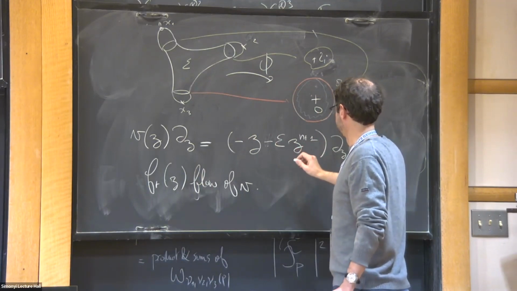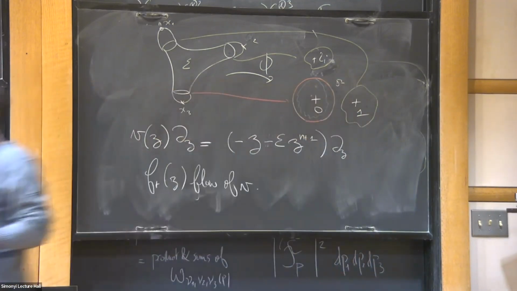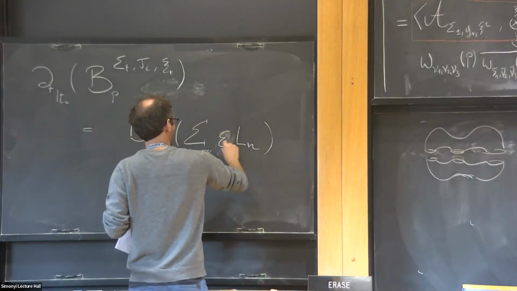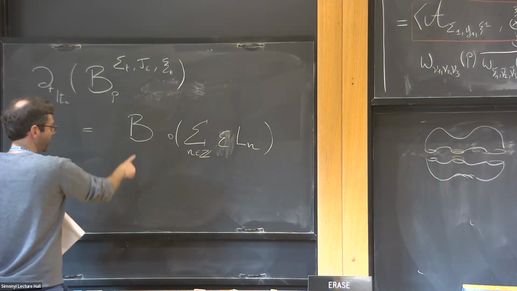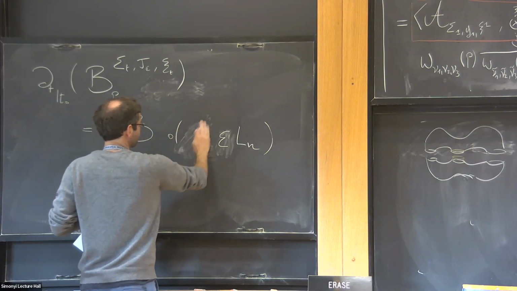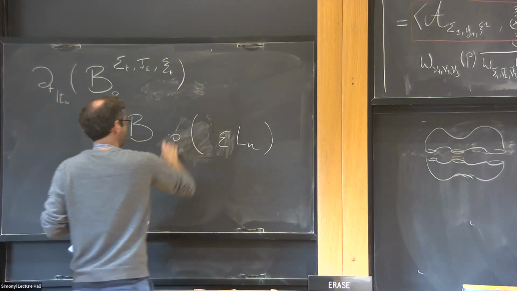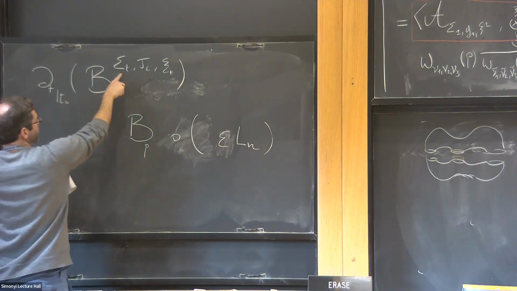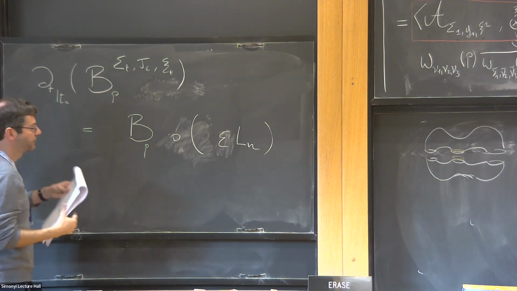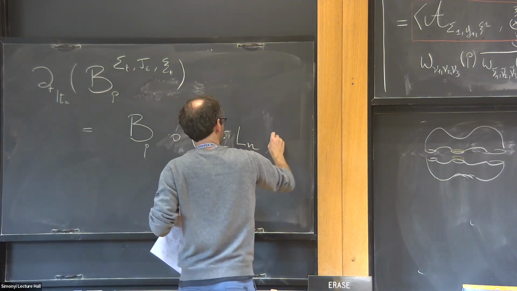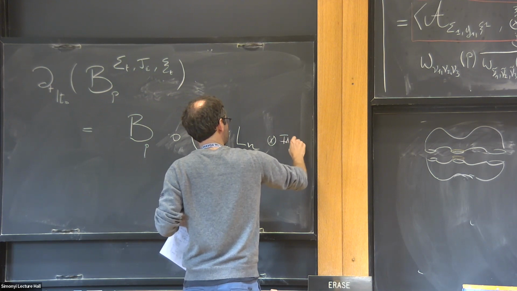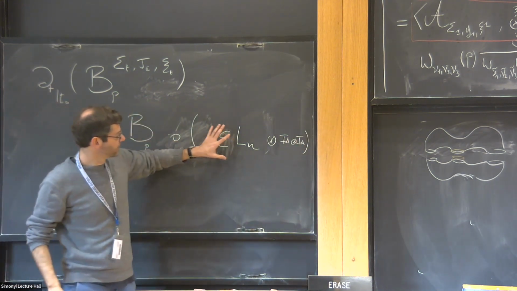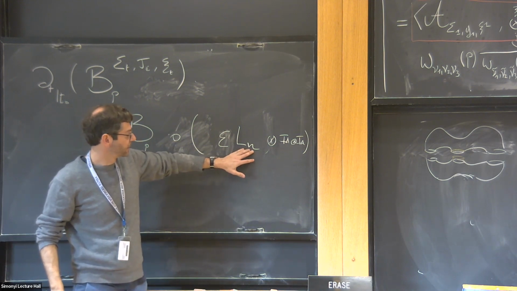So yeah, so here it should be epsilon L_n, and then you have actually just L_n. So what you get is that if you differentiate your block amplitude by this move of just one curve, you're going to compose your block amplitude by the Virasoro component L_n actually.